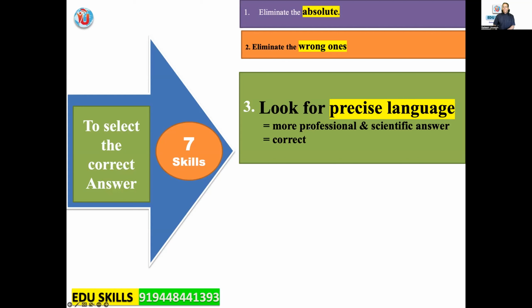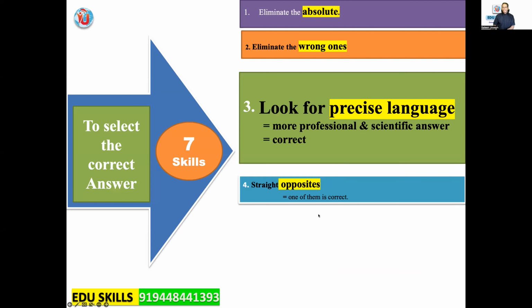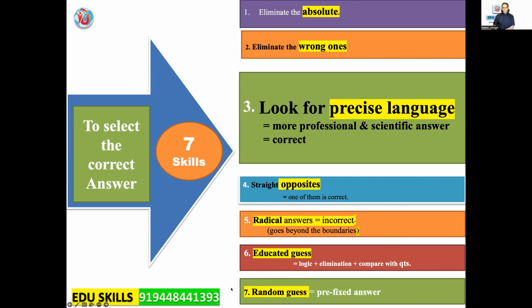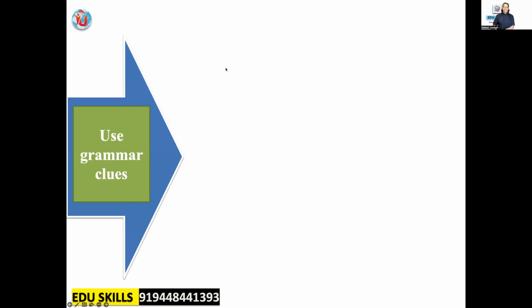So eliminate the absolute, eliminate wrong ones, all those things. Then the third skill that we have learned is look for precise language. A more professional and scientific answer is always correct. We are focusing on precise language.